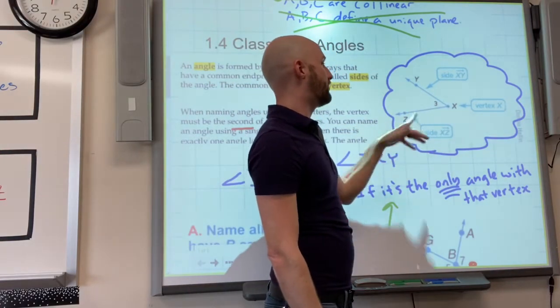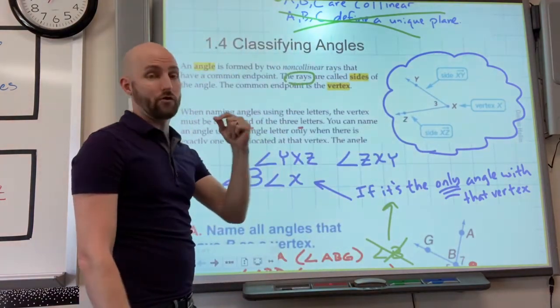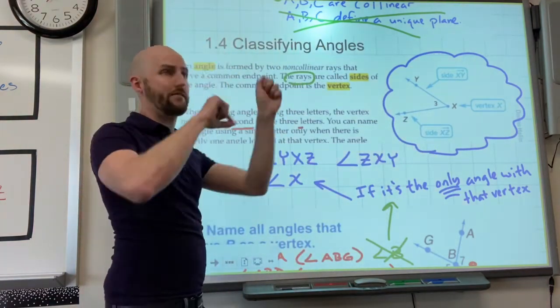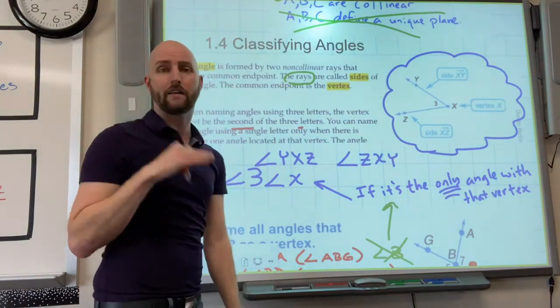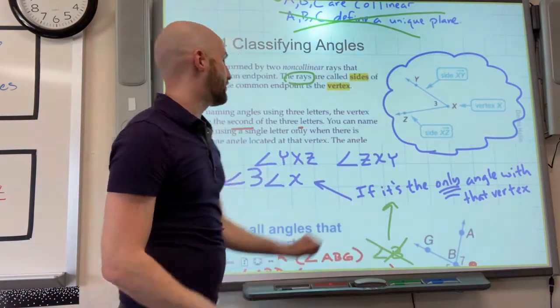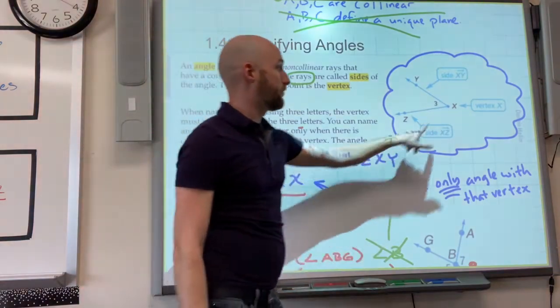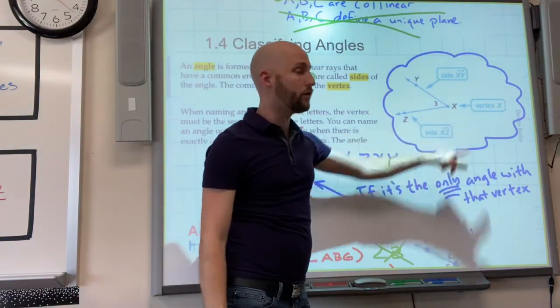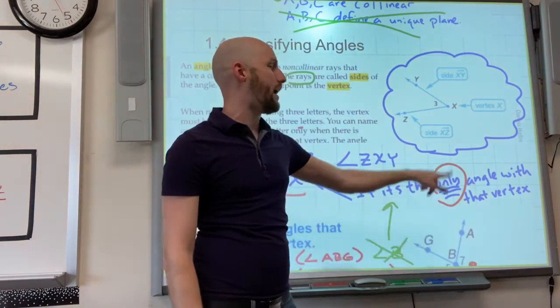I could refer to it as angle ZXY, but it's always read in the order it says, particularly in a diagram with lots of points. I need to know exactly how to read it so I can highlight the angle at once. So again, you'll notice the order of those 3 doesn't matter. It is appropriate to call it angle X by just the vertex, but only if it is the only angle with that vertex.